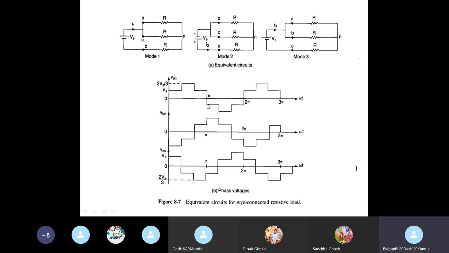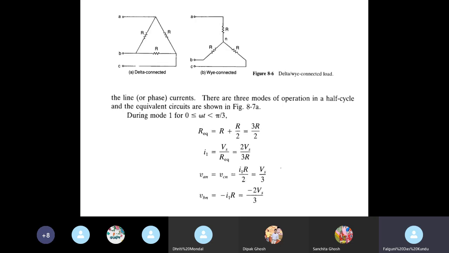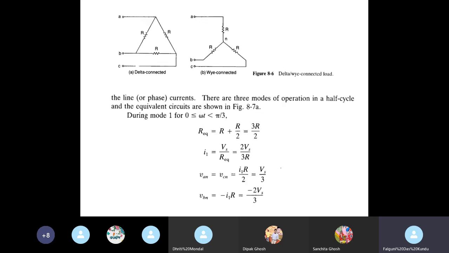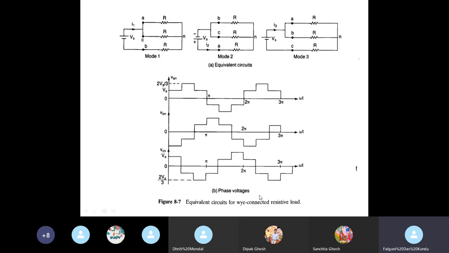In the negative half, the same thing happens. Okay, so this is a symmetrical waveform. So for the VBN, the same thing happened. For mode 1, that means 0 to pi by 3, the value of VBN is minus 2 Vs by 3.